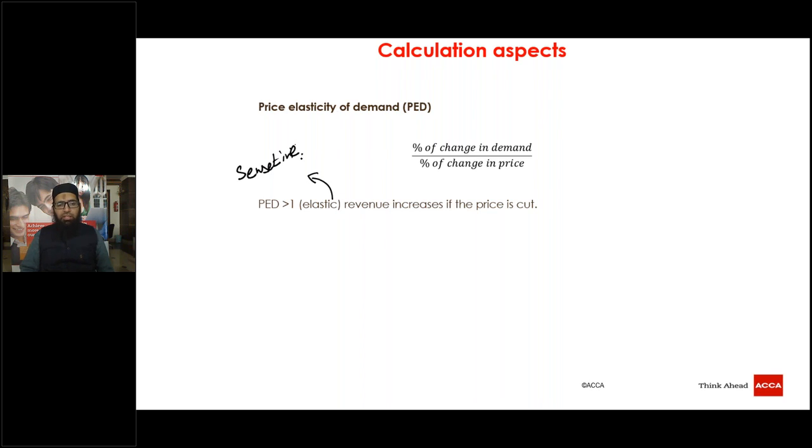That means the revenue will increase if the price is cut. In other words, if the price is increased, the total revenue will fall. And if the PED is less than 1, then it will be vice versa.